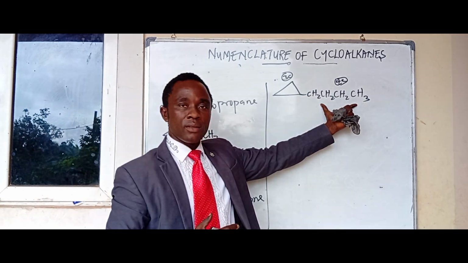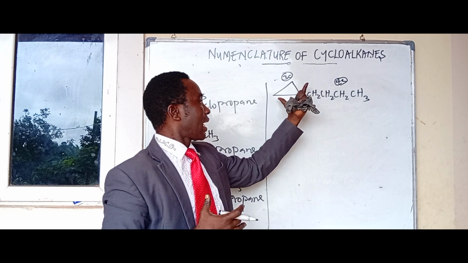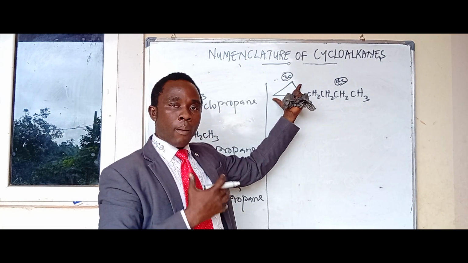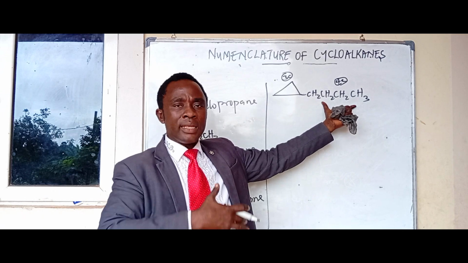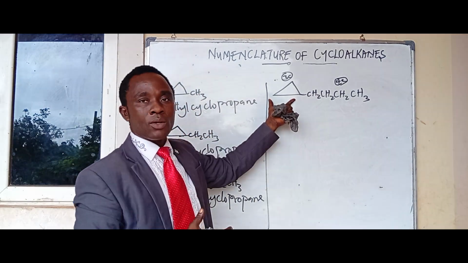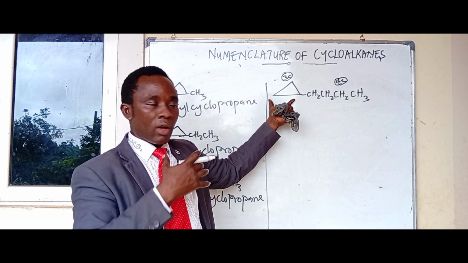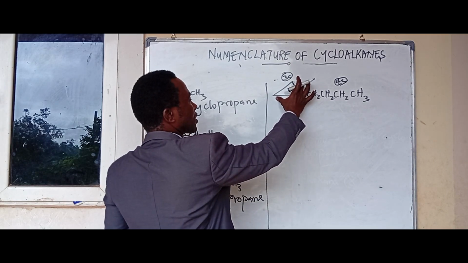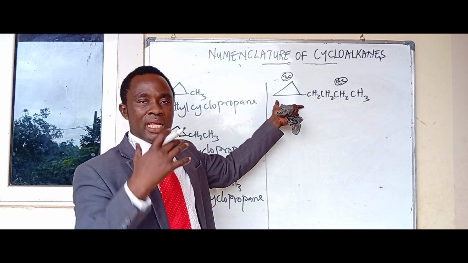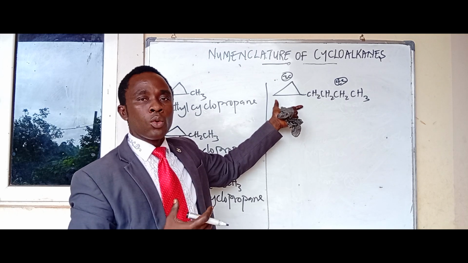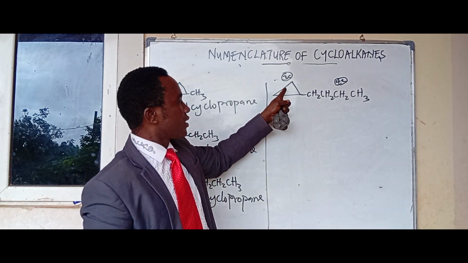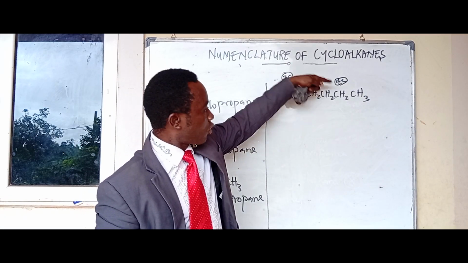Anytime the open chain carbon atoms are more than the cyclic compound's carbons, the open chain will automatically become the main compound, while the cyclic will become the substituent. So when cyclopropane is named as a substituent, it will be named as cyclopropyl because the carbon is less. It becomes a substituent to this.